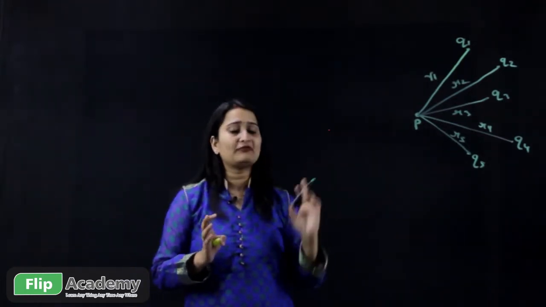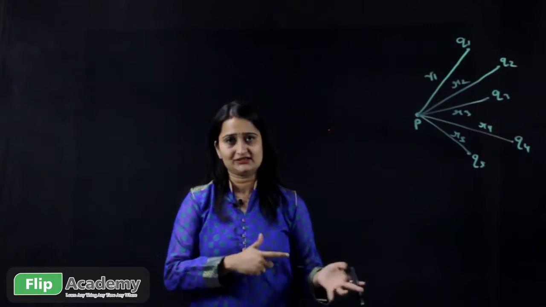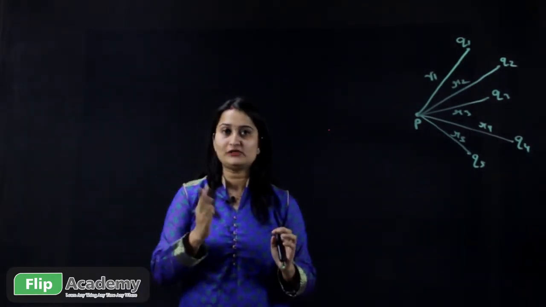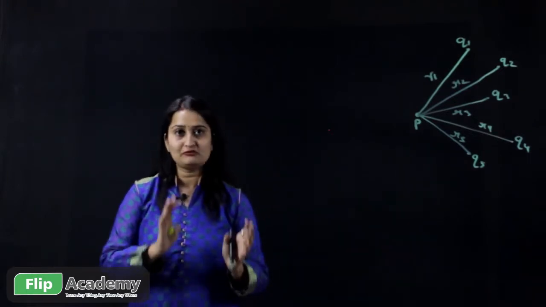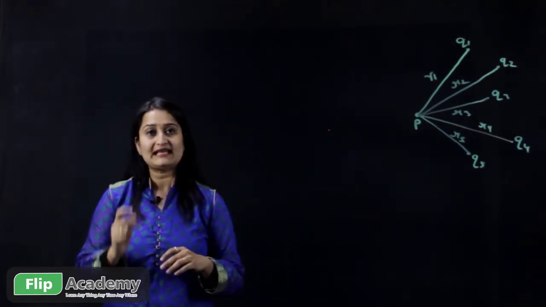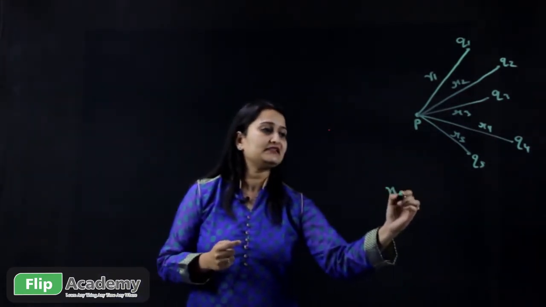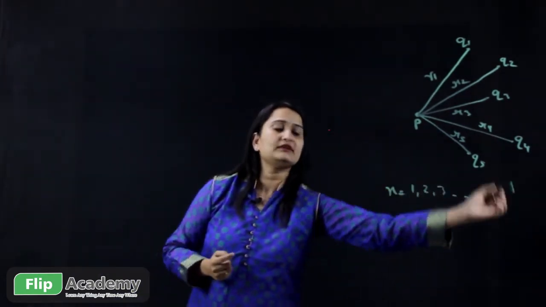Here I have taken only 5 charges; you can take 6 charges, or hundreds of charges, it all depends upon you. I am going to give you the expression for n charges, where small n represents an integer value that starts from 1, 2, 3 and continues.